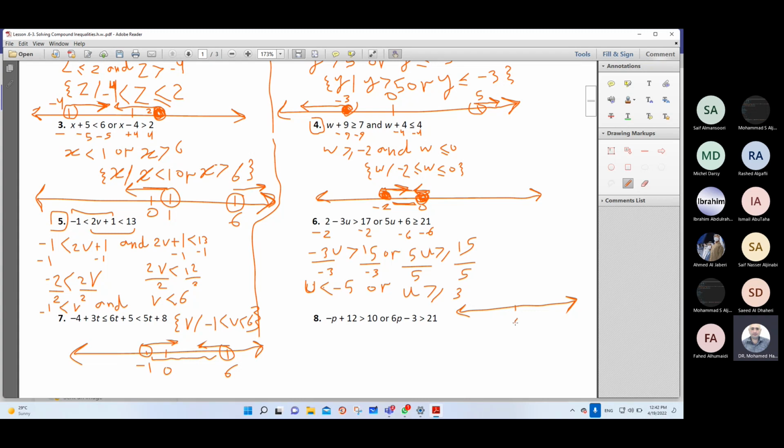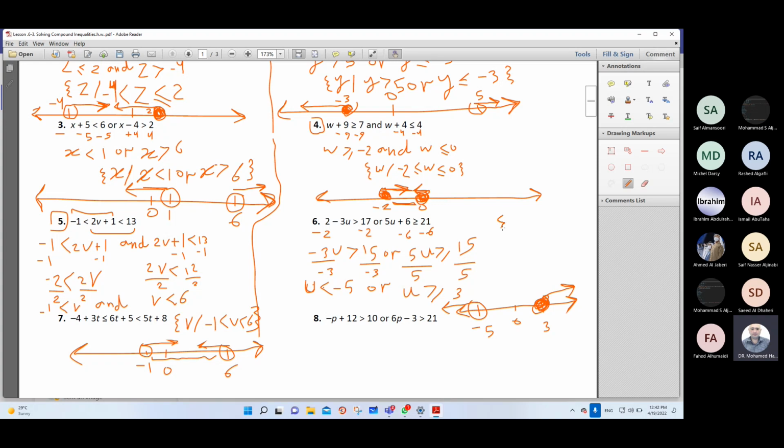This is 0, here -5, and use an open circle because we don't have equal in the sign, and u less than means to the negative side. And here we have 3. We have the sign equal, so use a shaded circle, and u greater than means to the positive side.